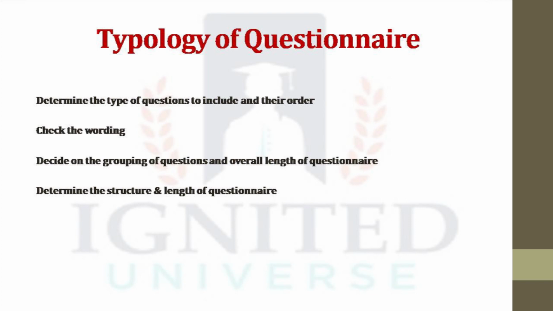Then one should avoid leading questions. Any question that provides a clue to the respondents in terms of the direction in which one wants them to answer is called a leading or biased question. For example, do you think that working mothers should buy ready-to-eat food when that might contain some chemical preservatives? Yes, no, don't know.